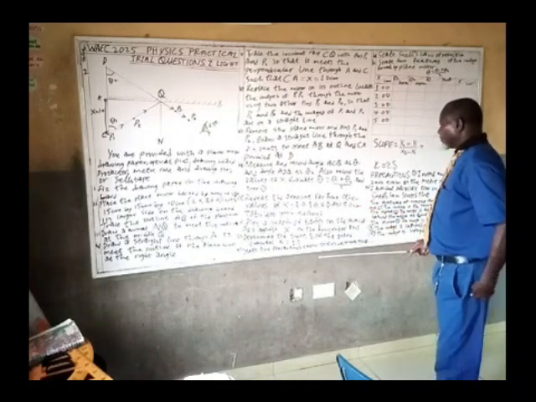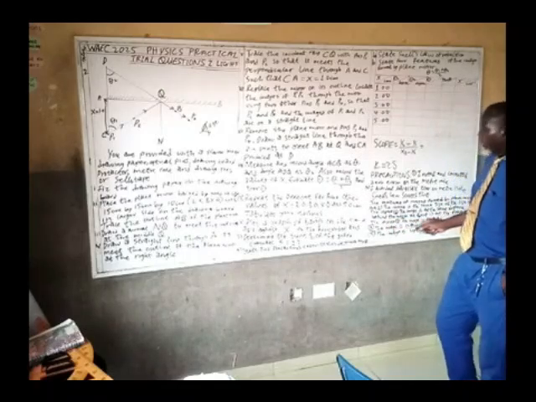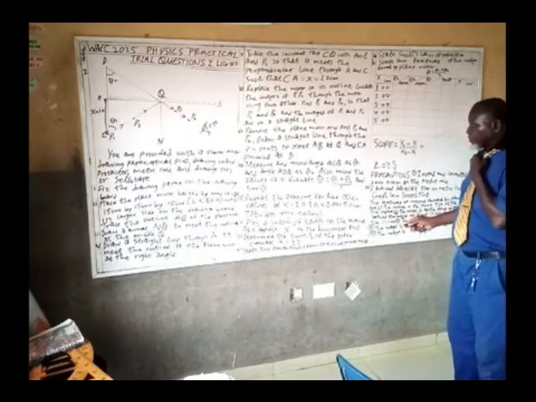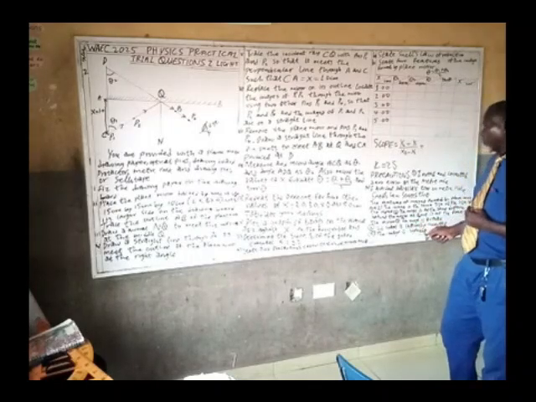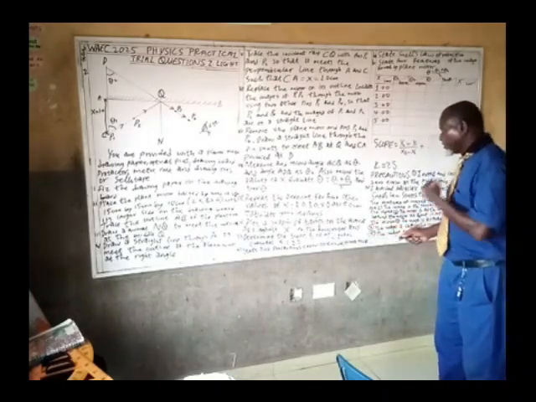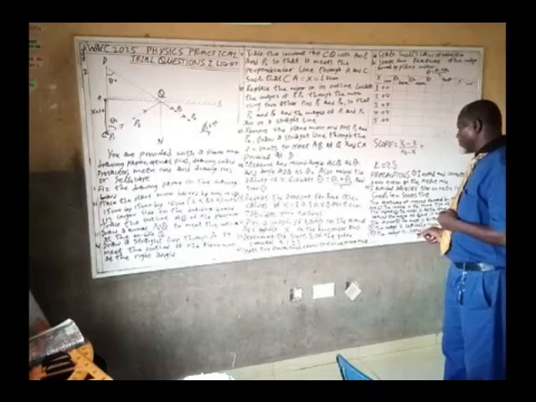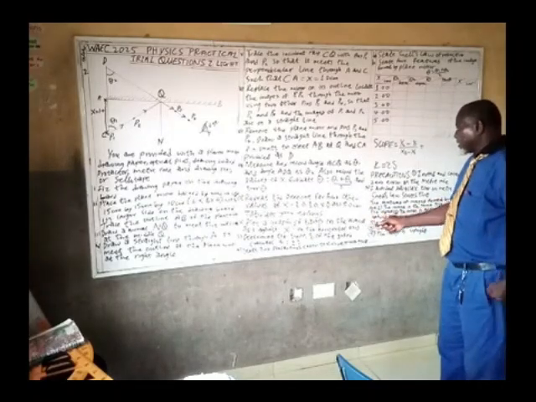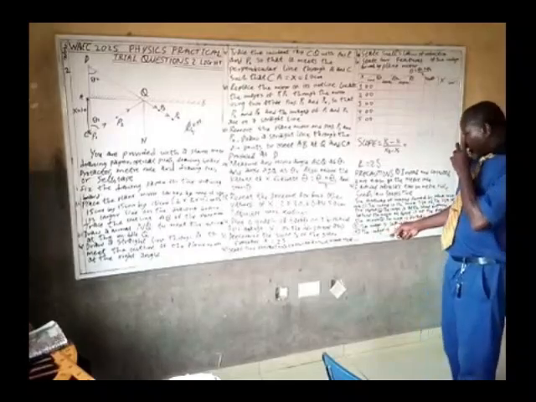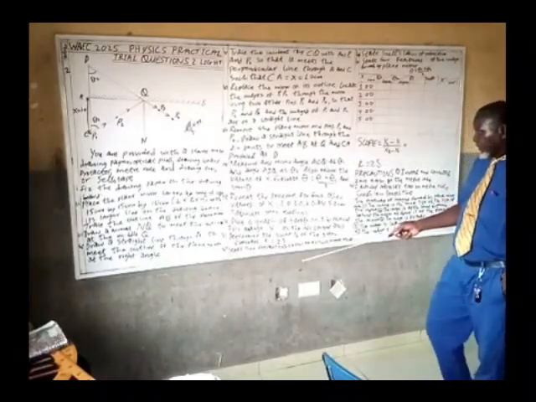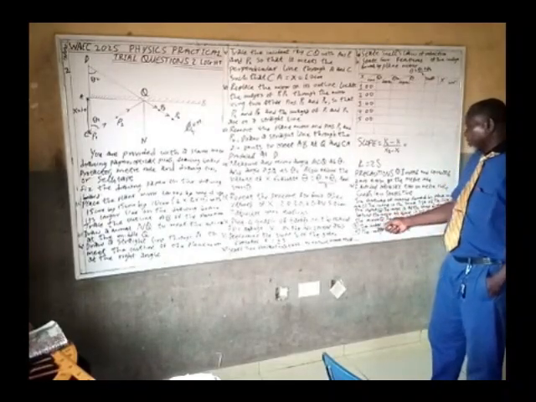Repeat the procedure for 4 other values of X equal to 2.0, 3.0, 4.0 and 5.0 cm. Calculate your readings. Plot a graph of tan theta on the vertical axis against X inverse on the horizontal axis. Determine the slope S of the graph. Evaluate K is equal to 2S.